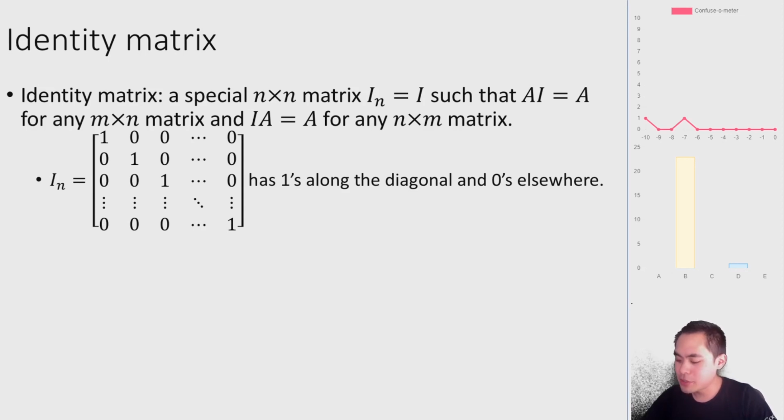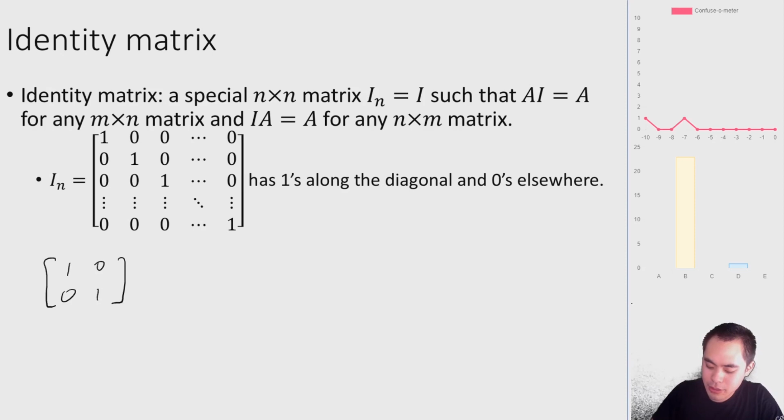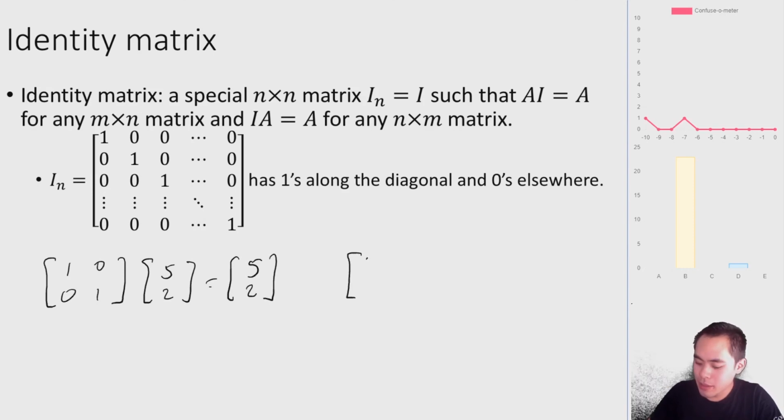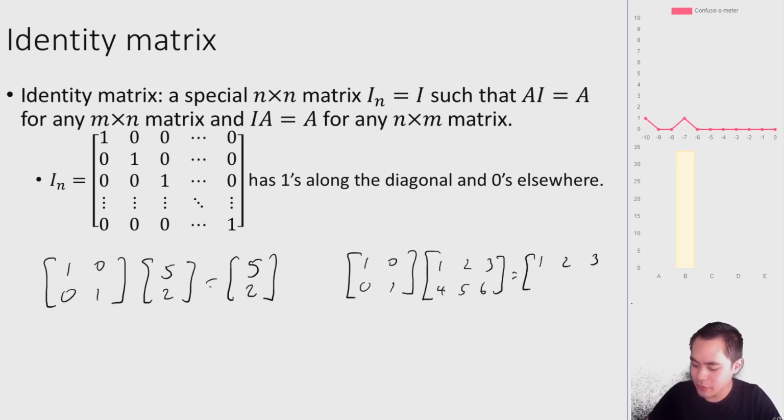And this has some super nice properties. Basically, if you have [1, 0; 0, 1] times [5; 2], that's going to be equal to [5; 2]. And this also works if you have different shaped matrices. So [1, 0; 0, 1] times [1, 2, 3; 4, 5, 6] is just going to be equal to [1, 2, 3; 4, 5, 6]. You should think of it like multiplying by 1.